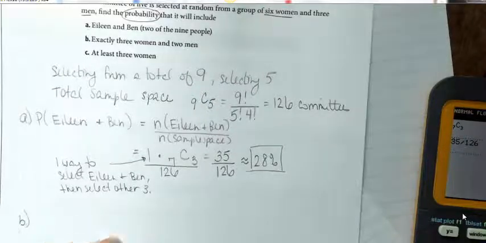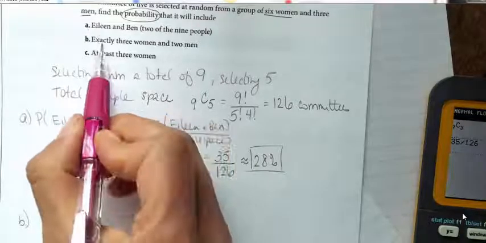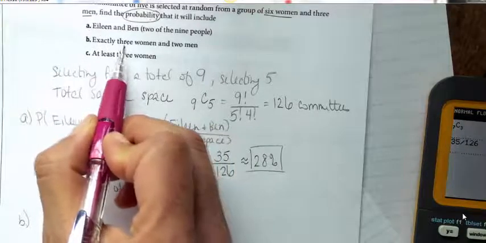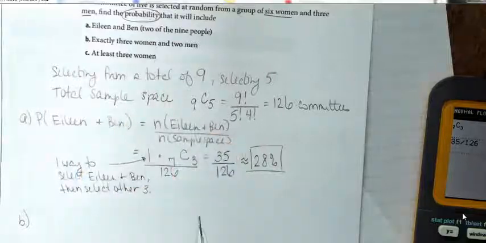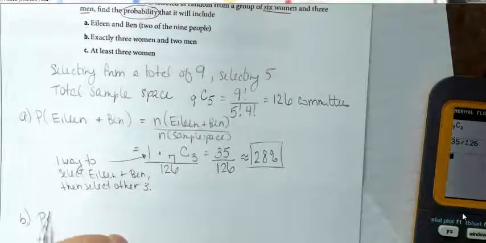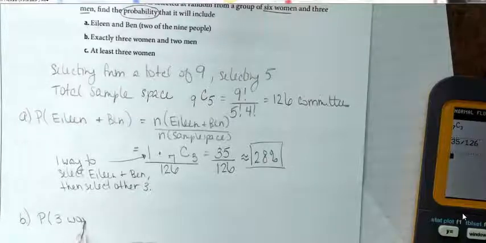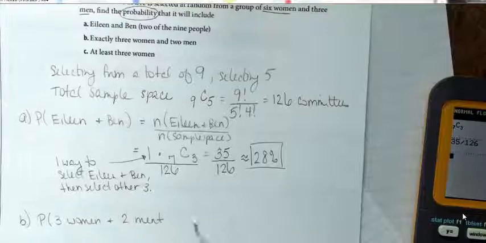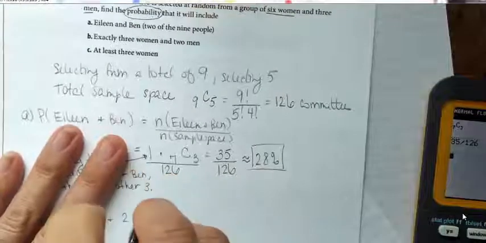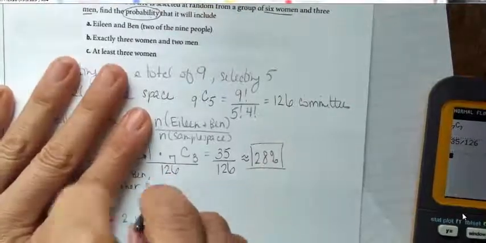All right, let's look at the next one. So, for B, we want exactly 3 women and 2 men. Okay, so we want the probability that we have 3 women and 2 men. Oh, man, spelling, I don't know.